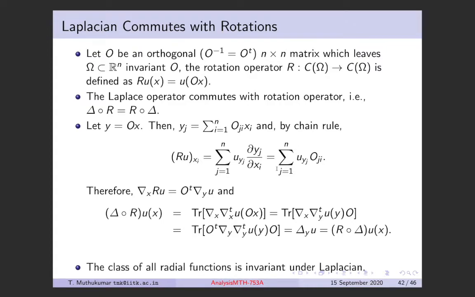That is one observation that we can have immediately from this property that Laplacian commutes with rotation. So this is the property of the Laplace operator, that it commutes with both translation and rotation.